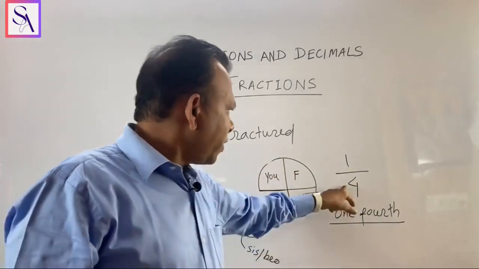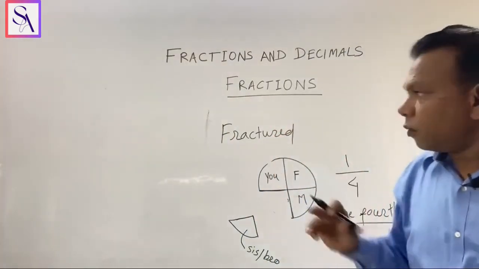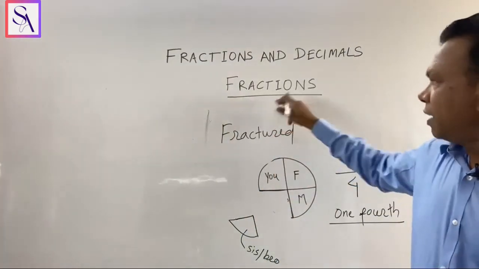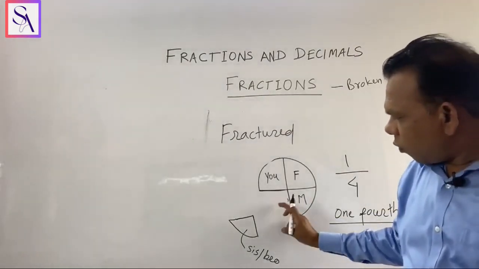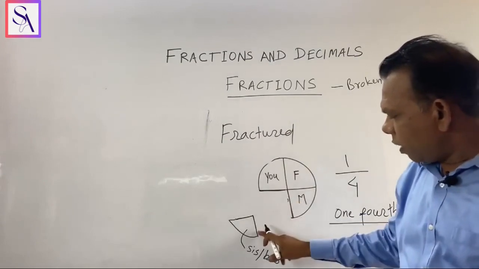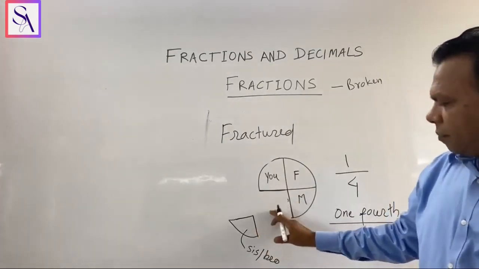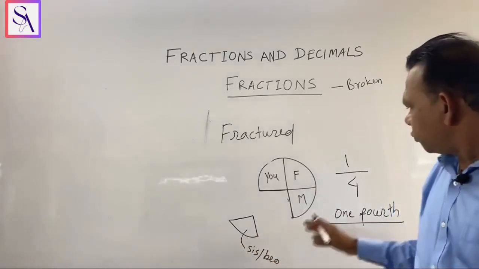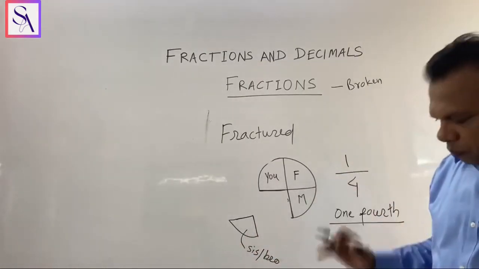This is how the fraction is used in daily life, right? In English, the word fraction means broken. So something is broken, like the pizza. This pizza is broken, and we call one part a piece. And that piece is given to your brother or sister. So that is 1/4, right? So here fractions are used.